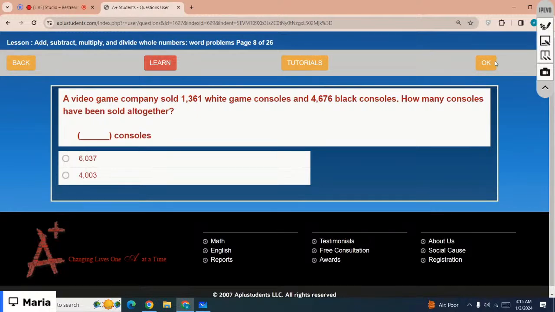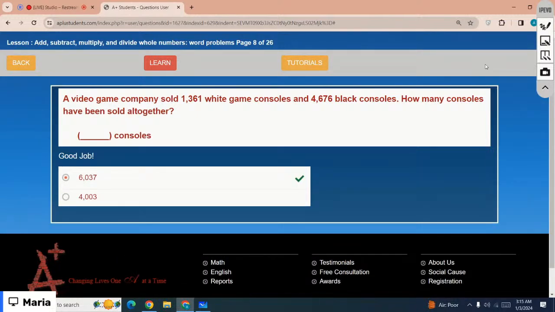You need to simply add them, right? Option number 1 is the correct option. Got it?